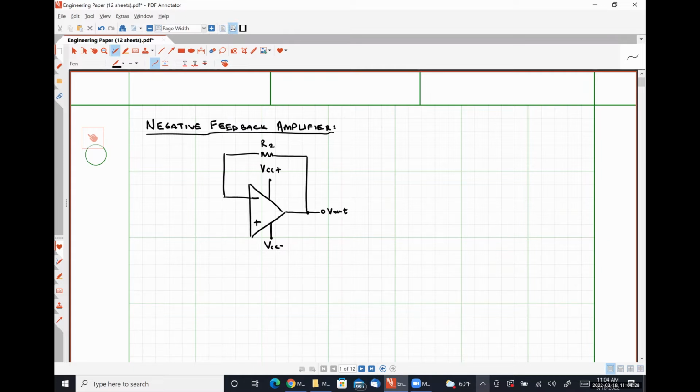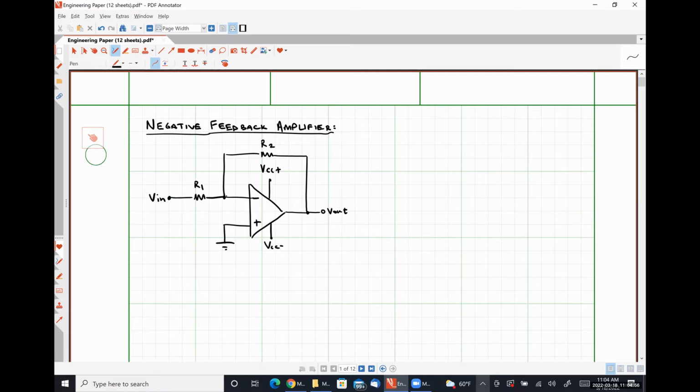In this particular instance, we are going to be looking at an open circuit output voltage. We are going to ground our non-inverting input terminal. And finally, we are going to apply a resistor here, which I will call R1, at which we will apply our input voltage V in.